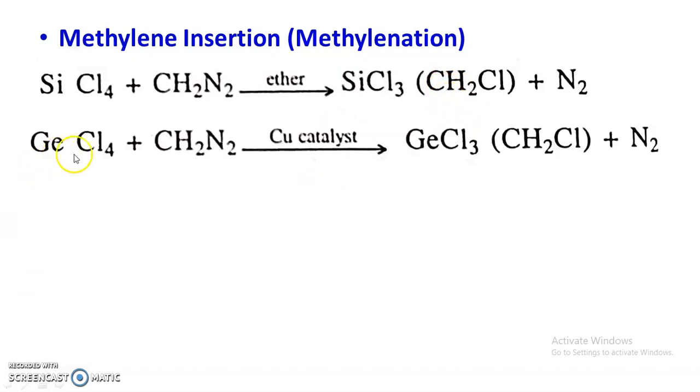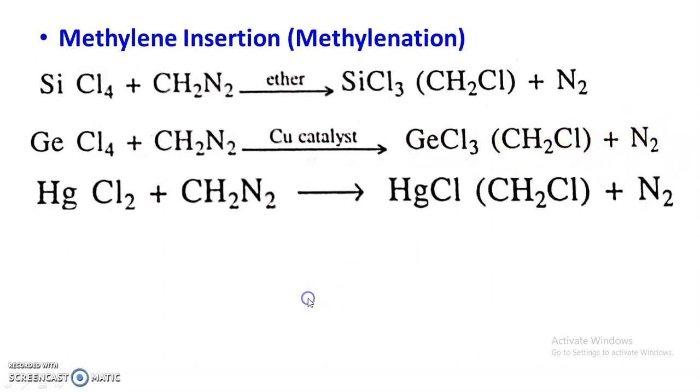Another example: when germanium tetrachloride is treated with diazomethane in presence of copper catalyst, we get an organometallic compound. Again, there is an insertion of methylene between germanium and chlorine. At the same time, there is an evolution of nitrogen. Similarly, when mercury chloride is treated with diazomethane, in the first step, in between mercury and halogen bond, there is an insertion of methylene.